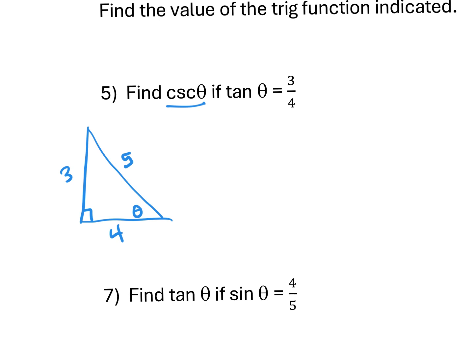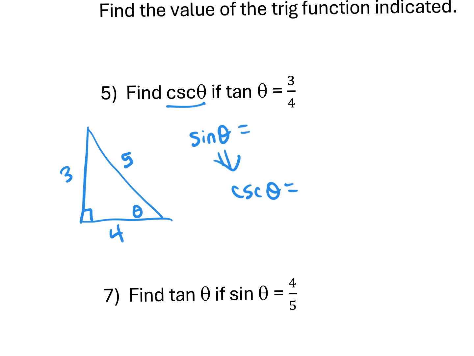Cosecant's the reciprocal of what? What ratio do you know that's the reciprocal of? Sine. So let's figure out what the sine of theta is, and then we're just going to flip it. Sine, we know, is opposite over hypotenuse.